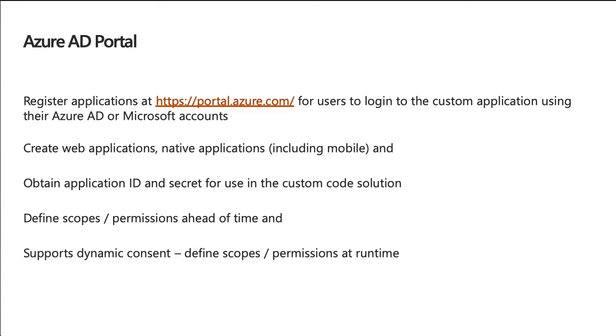From this portal, you'll be able to create web applications, native applications, including mobile, and single page applications as well. You can obtain an application ID and a secret for use in a custom code solution, define scopes and permissions ahead of time, but it also supports defining scopes and permissions at runtime, so having the actual request for the scopes be defined when the application's running instead of having to grant them ahead of time.